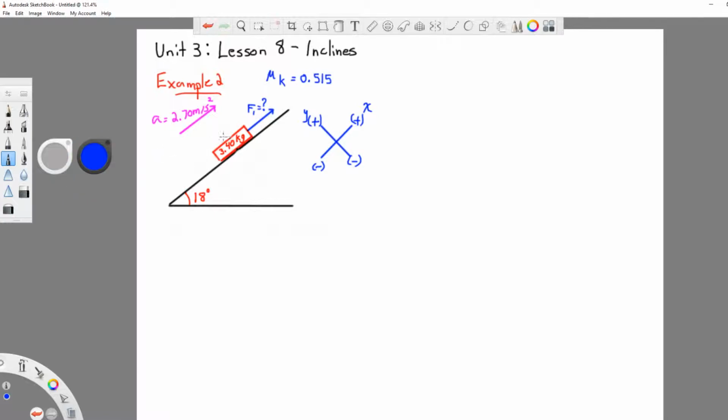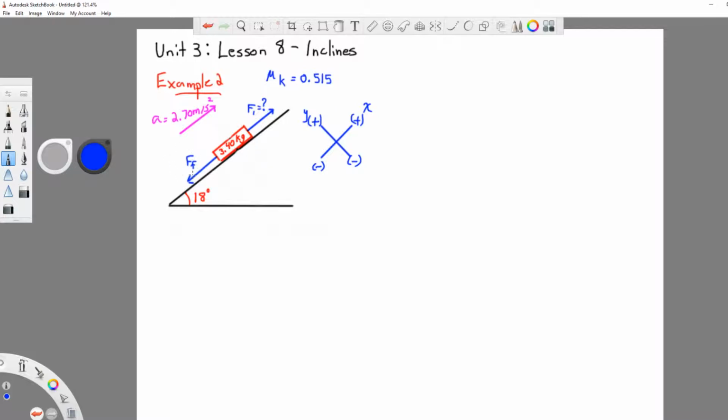And since this object is moving upwards, this value of friction is going to be causing a force of friction in the direction opposite to the motion. So since the motion is upwards on this slope, we can draw on our diagram here a force of friction moving downwards, in a direction opposite to the motion.